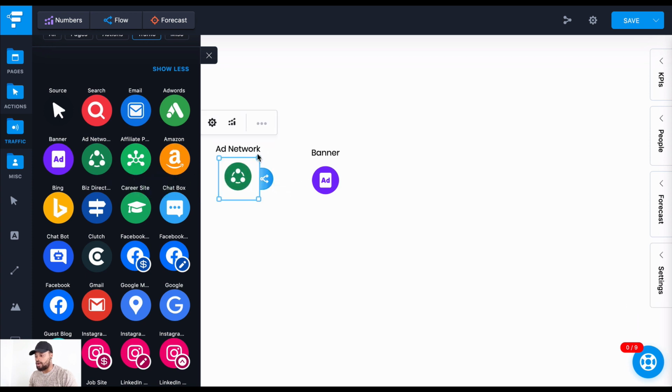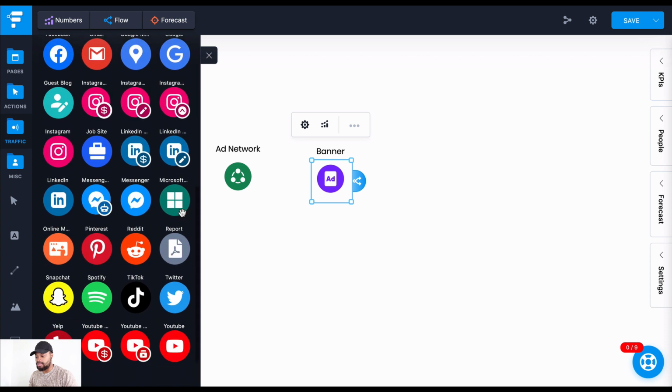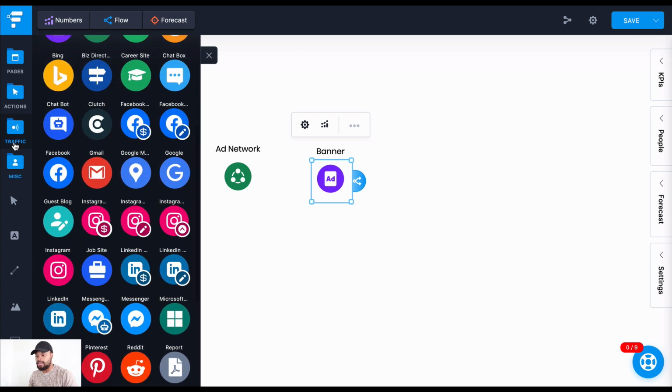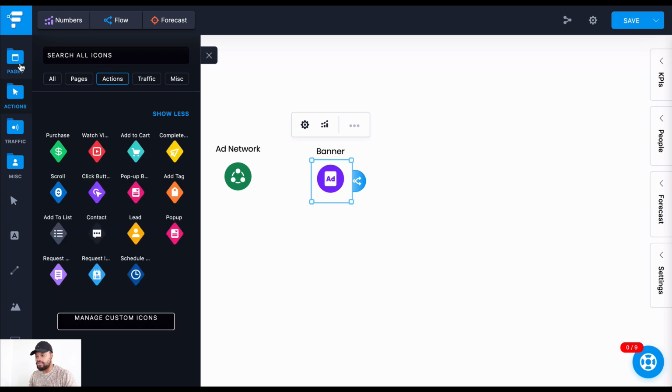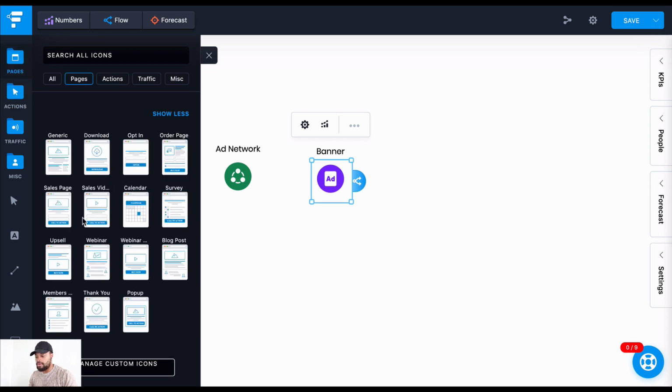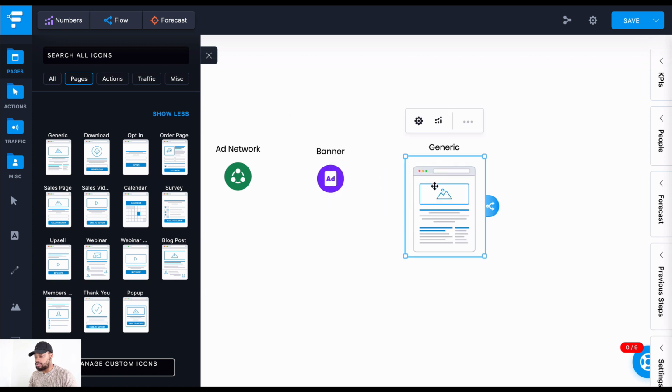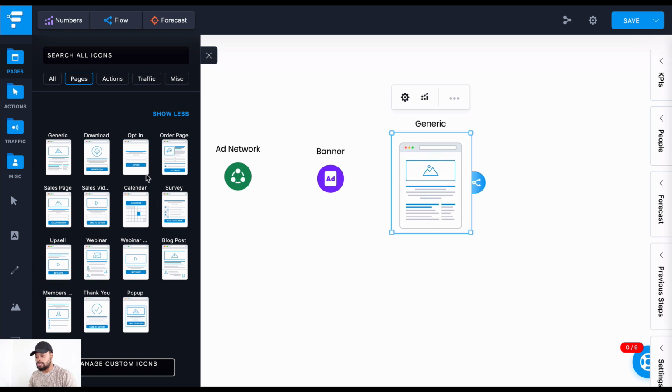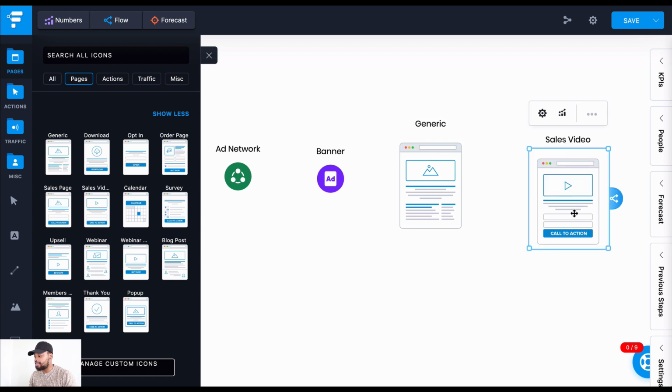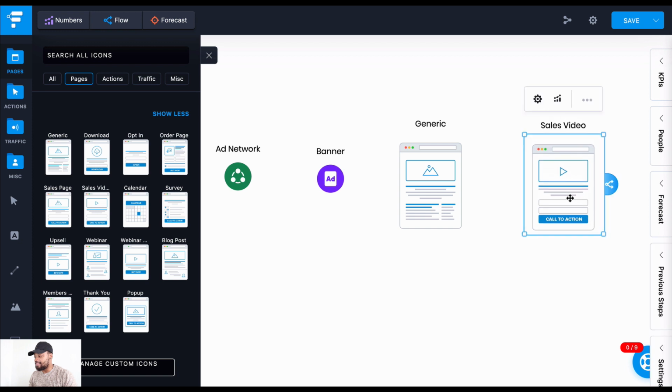Okay, sweet. So we've got our ad network, we've got our banner ad. What else do we need? Okay, and then we have this is our lander. And if you're running with something like ClickBank, this is it, right? So here is typically the flow.